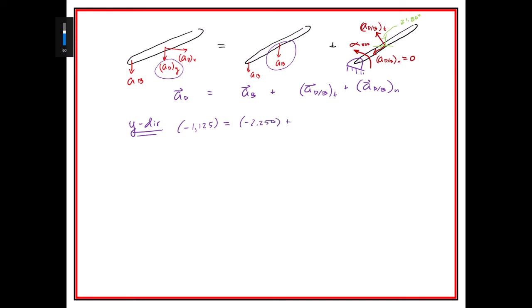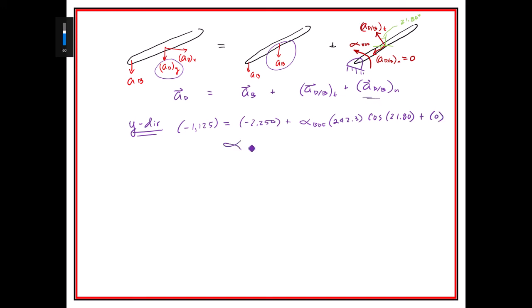And the way I have it drawn, the tangential is going to be in the upwards direction. So it's positive, and that's going to be alpha BDE times the length in between D and B, which is 242.3, but it's only a portion of it. It's going to be the cosine of 21.80, and then we'll put in a 0 right here to represent this contribution.